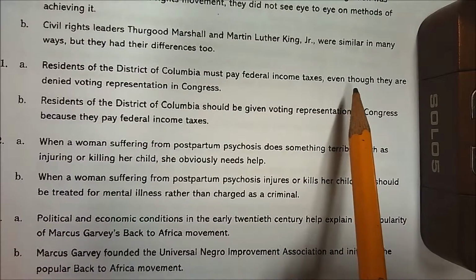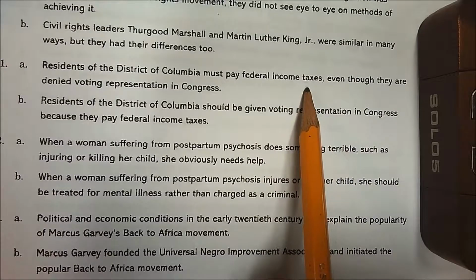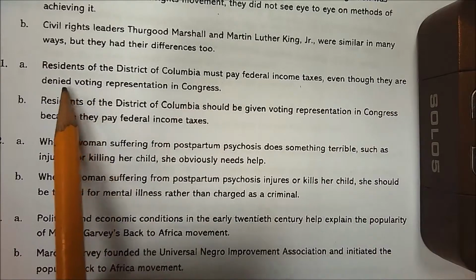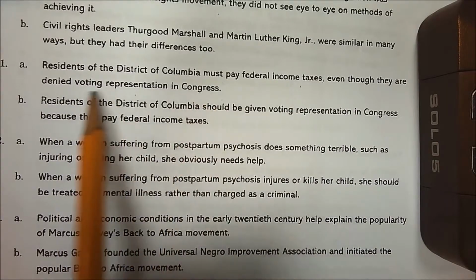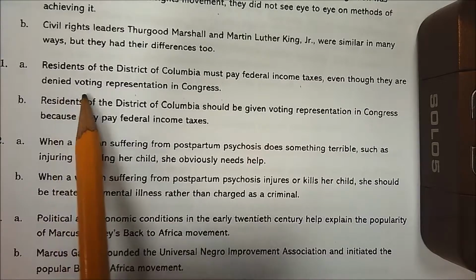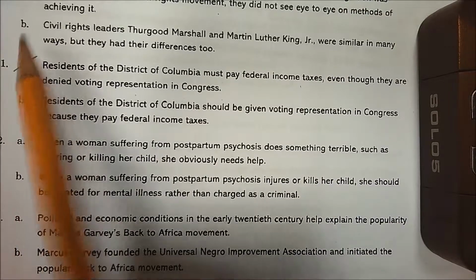It's really two facts here. We have the residents must pay federal income taxes. That's just a fact. Even though they are denied voting representation in Congress, the fact that they are denied voting representation is also a fact. So we could probably just rule that one out.